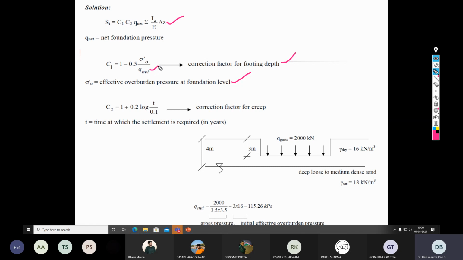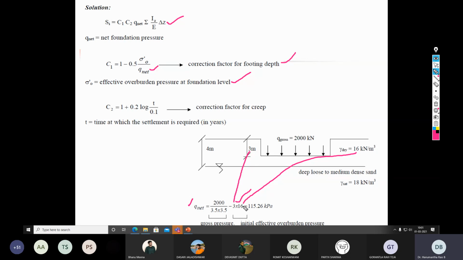Another value, that is q net. This is supposed to be calculated because in our case a gross load of 2000 kilonewton has been given. q net can be calculated as load upon area. But we need q net, meaning from the gross pressure you need to deduct the weight of the soil which is excavated. So 2000 divided by the size of the footing 3.5 by 3.5, minus 3 meter is the depth of the foundation level and 16 is the dry density of the sand.